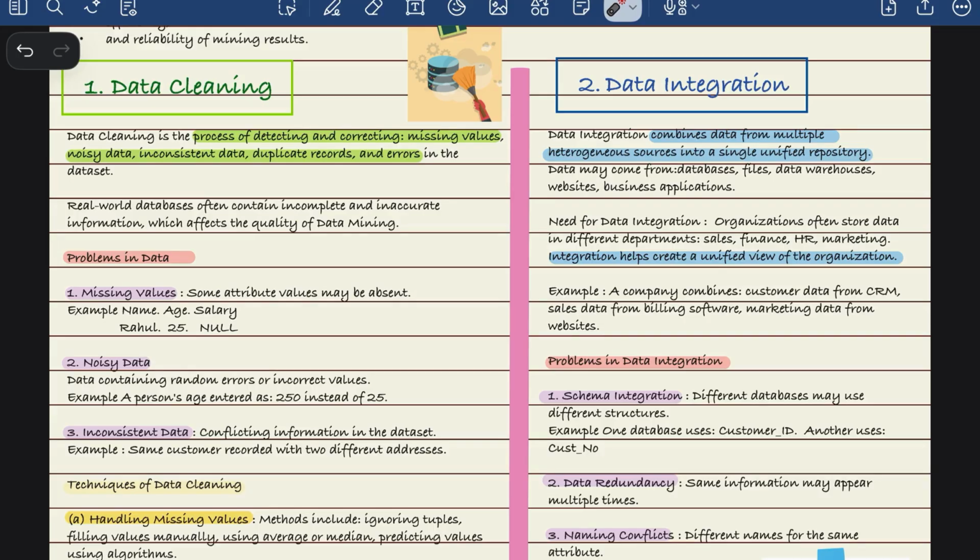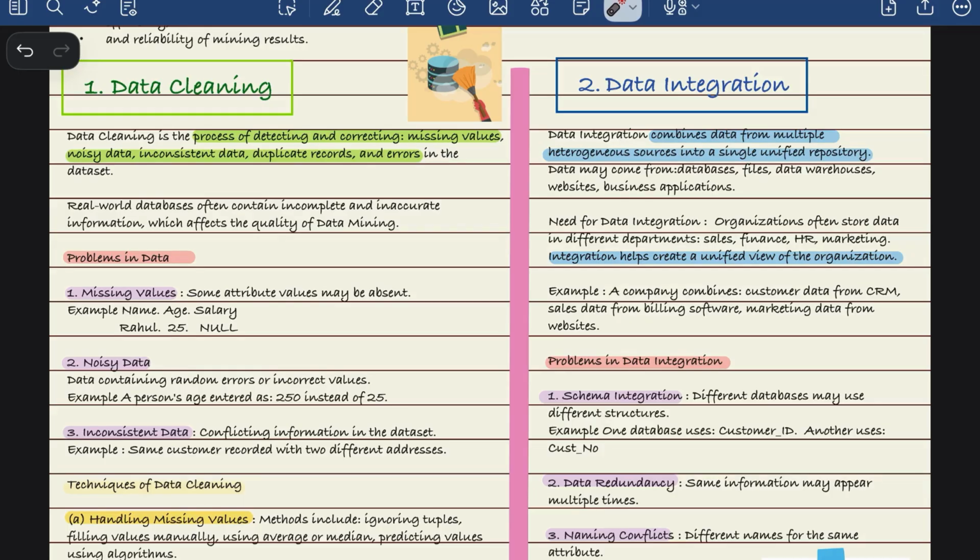You would see that when we have data from multiple sources, multiple departments, there are many speed bumps. Like if the sales department has a table of data, they have named a column customer ID, right? And if you go to the finance department, they will also have the data, but they would have named it cust_number.